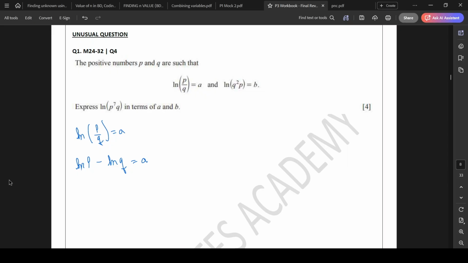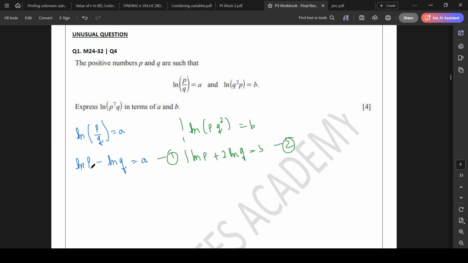Now the second equation that I can create is from the equation on the right hand side. ln of p q square is equal to b. This is the same as writing ln of p plus, of course I can bring 2 down from the power, so 2 ln q is equal to b. Now let this be equation 1, let this be equation 2. Now what can you do?